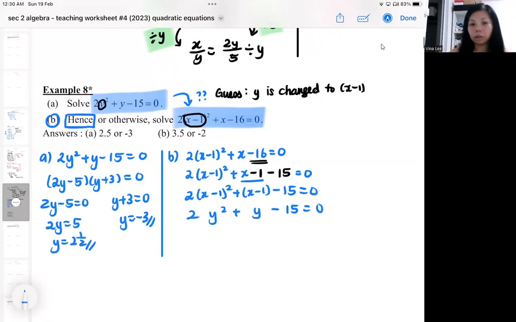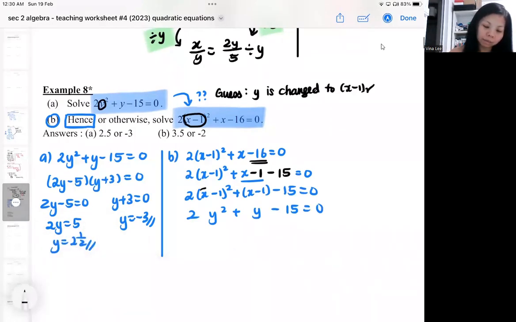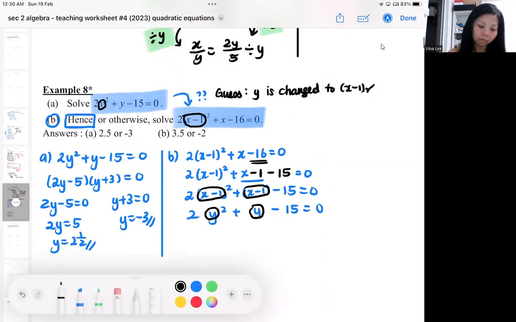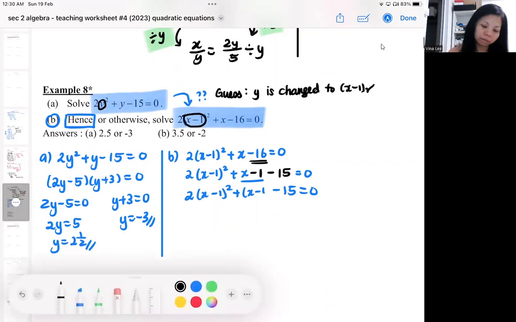You will realize that your guess is correct. My original guess, that y has been changed, can you see that it's actually identical? So after I confirm that y has been changed to x minus 1.